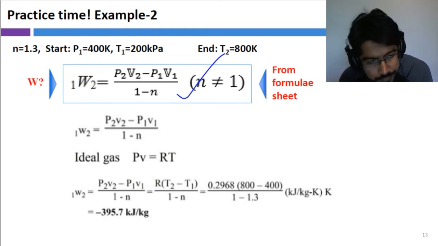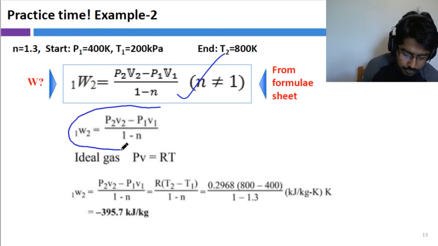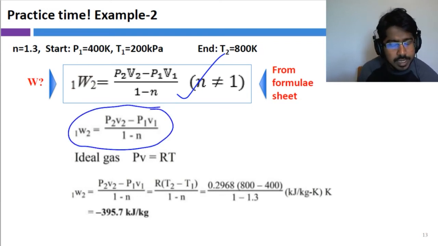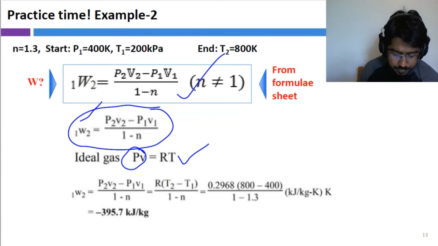If you want to write this equation in specific work form, you divide the entire equation by mass, then the left hand side becomes specific work and the right hand side becomes pressure times specific volume at the given state. But by the ideal gas equation, we know that PV equals RT.